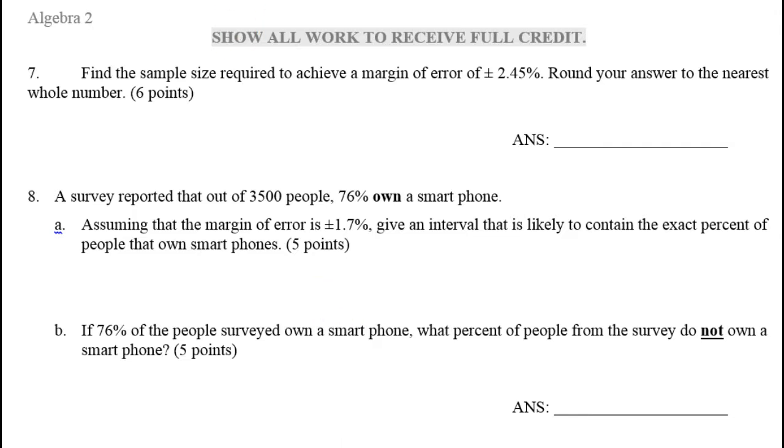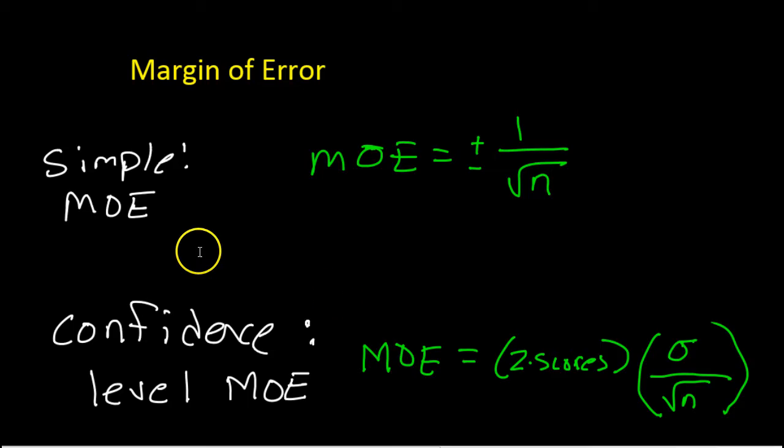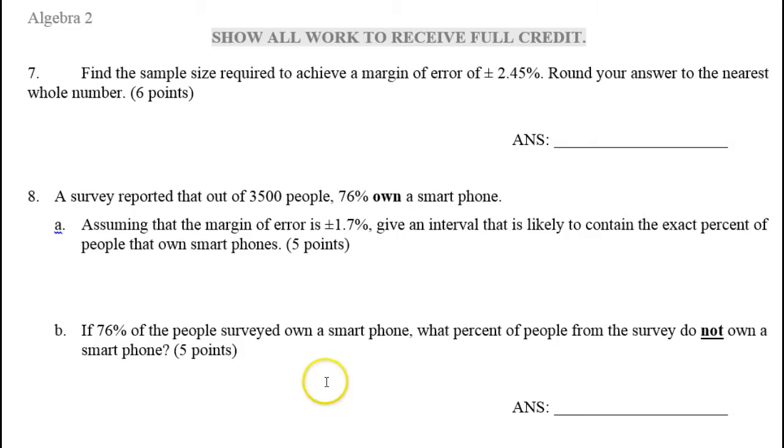But first we have to decide which formula we're going to use. Find the sample size required to achieve a margin of error of plus or minus 2.45%. Round your answer to the nearest whole number. Now, did they say anything about confidence levels in there? No. So that means we're going to use the simple margin of error formula this time.